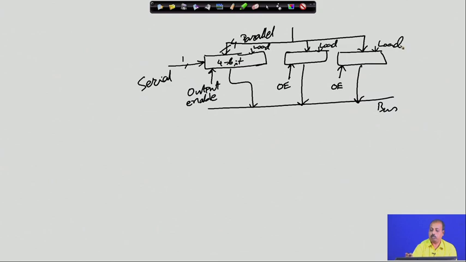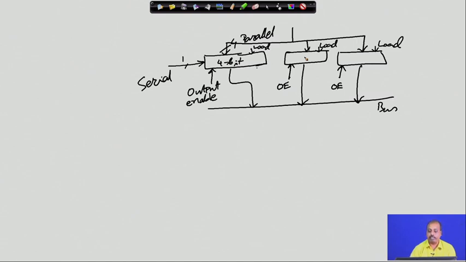Using this load signal the values should be loaded into the register. If I put a value onto this input bus and give the load signal to the first register, then the value should be loaded into the first register. If I give the load signal to the second register, then the value should be loaded in the second register. That sort of facility is needed.